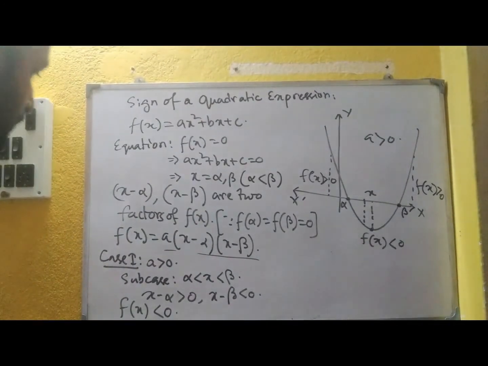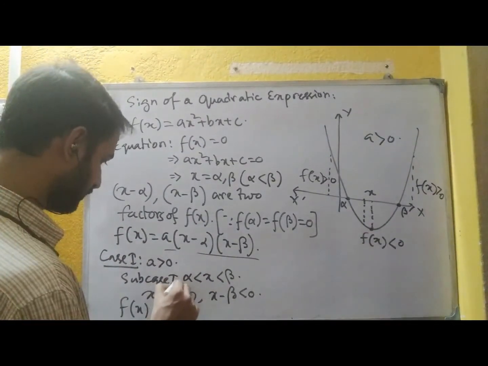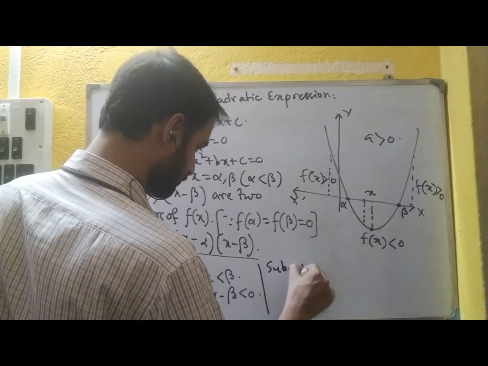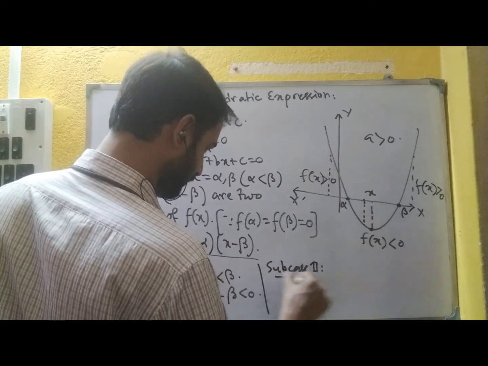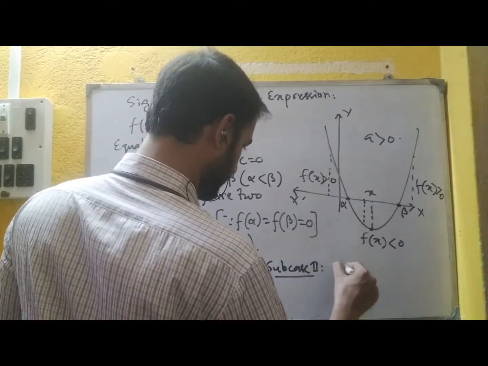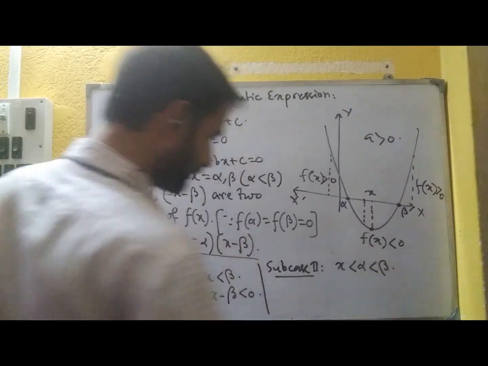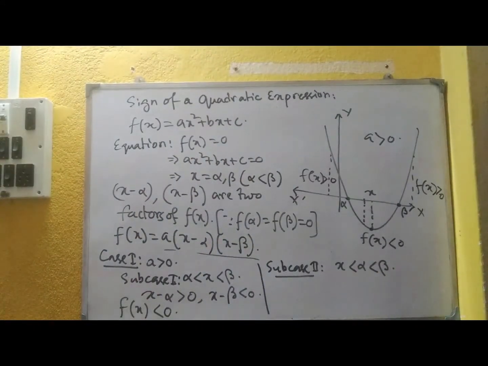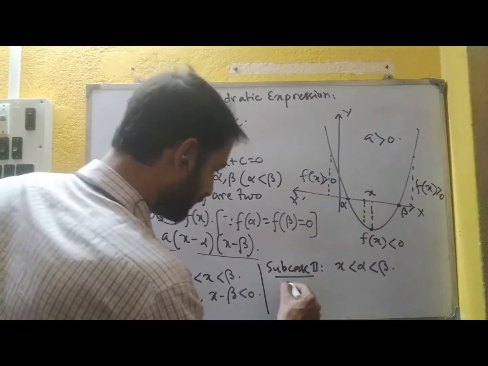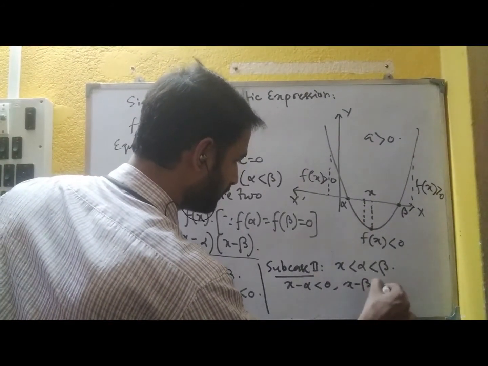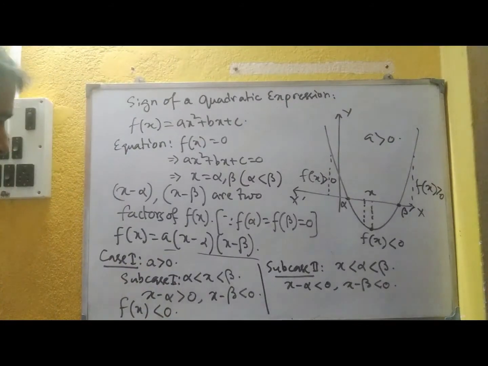Now this is subcase 1. Now suppose in subcase 2, you are considering x to be less than alpha, and since alpha is less than beta, x is also less than beta. So here you can say x minus alpha is less than 0 and also x minus beta is less than 0.